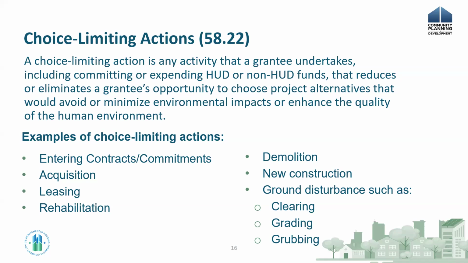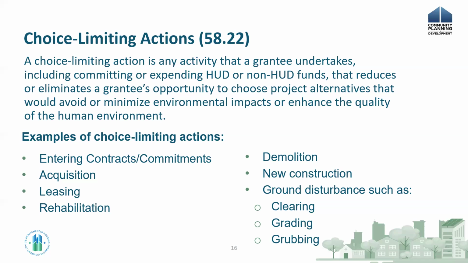After the federal nexus, grantees are prohibited from taking new choice limiting actions, except, here's that nuance, except for activities that are part of a pre-nexus contractual obligation until a satisfactory review has been completed for the aggregated project.